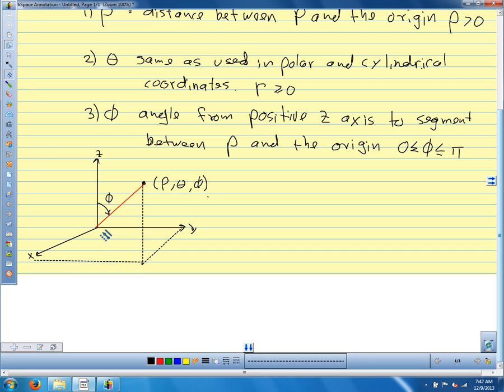I'm going to project this directly down onto the xy plane. So that's the projection of this segment down onto the xy plane. So this angle would be theta.